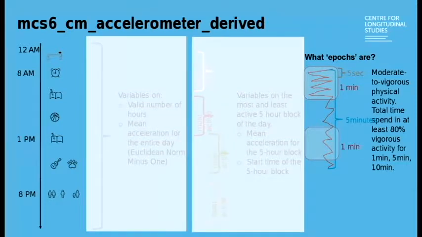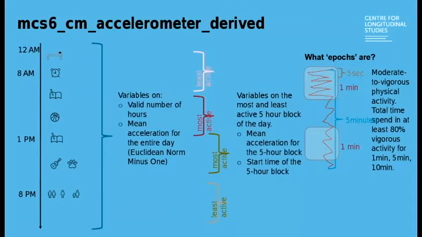So these variables contain different criteria, calculated with different criteria in mind. And overall, the accelerometer dataset contains information on overall acceleration, on the least and most active blocks of the day, and the total time spent in vigorous exercise for different periods of time.